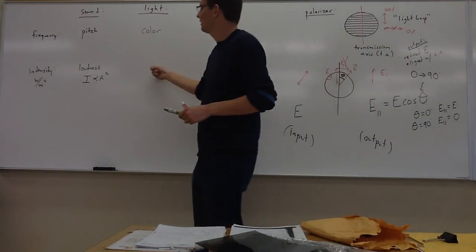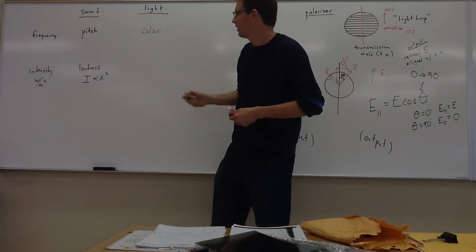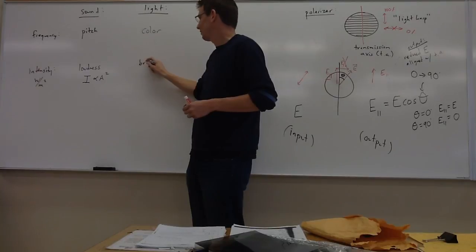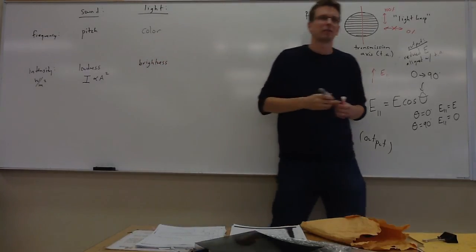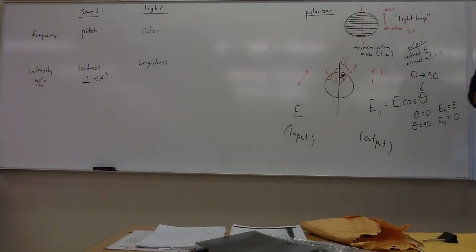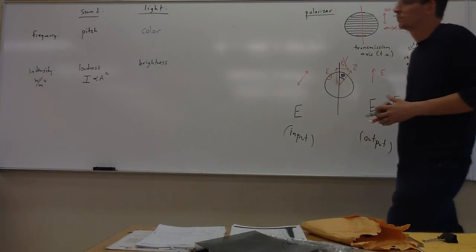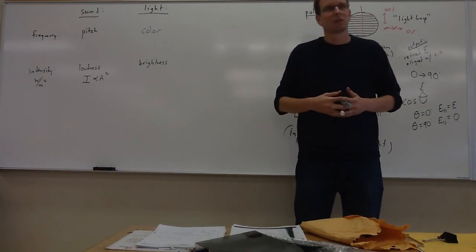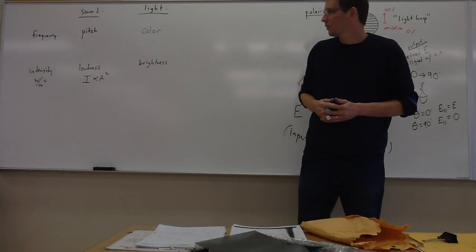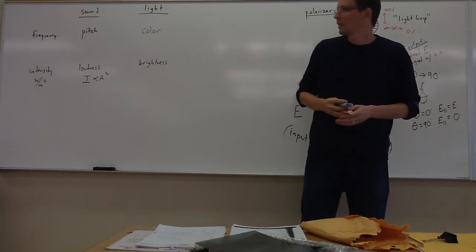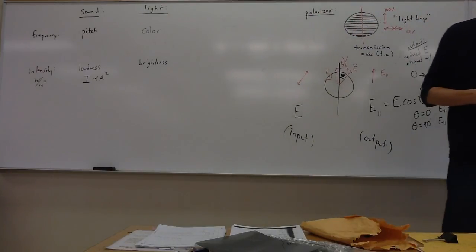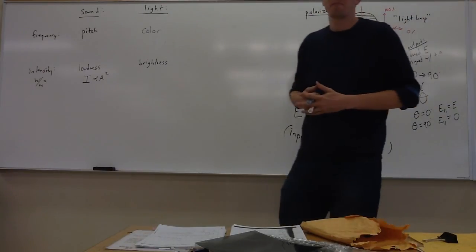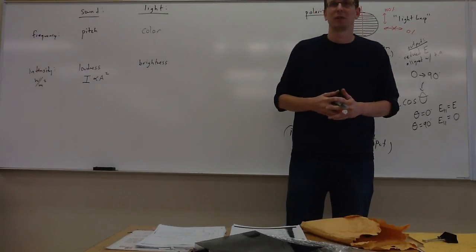Well, intensity, same deal over here, okay? So this is the brightness. How bright or not bright a light is has to do with the intensity, the energy arriving per time per area, this time on the back of your eye instead of your eardrum.